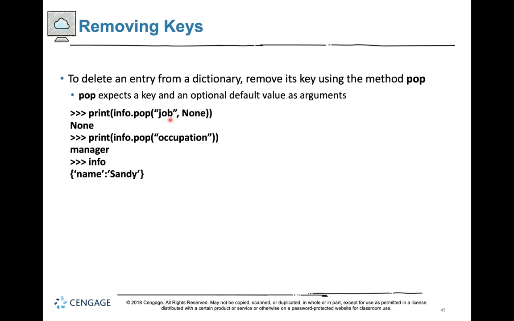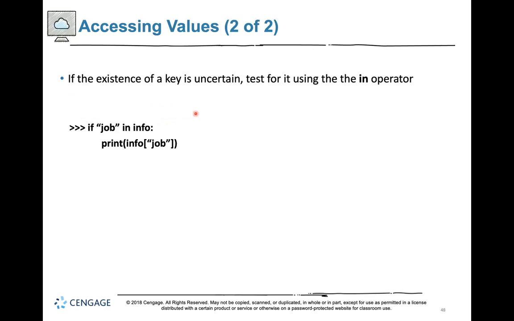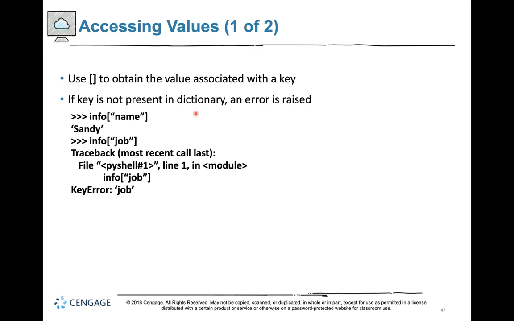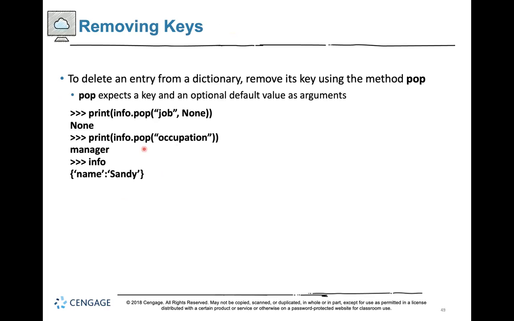If the job key doesn't exist, you can provide a default value, so it will return None in this case. What's the usage of this? If you use the subscript operator to get something that doesn't exist, you get an exception.